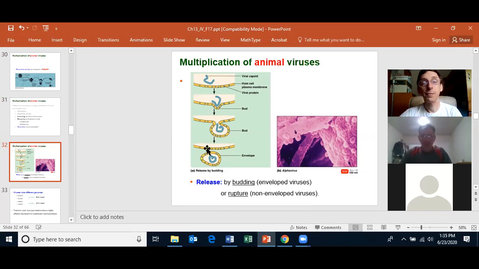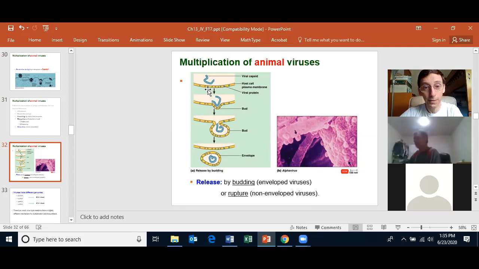What happens with this one is the viruses replicate slowly, meaning they don't replicate hundreds of viruses in the cell at the same time. Usually they replicate slowly, and then when the new virion is made, it comes up to the cell membrane or another membrane.